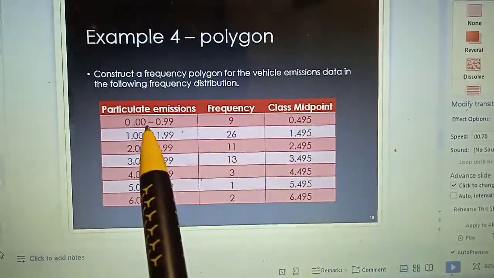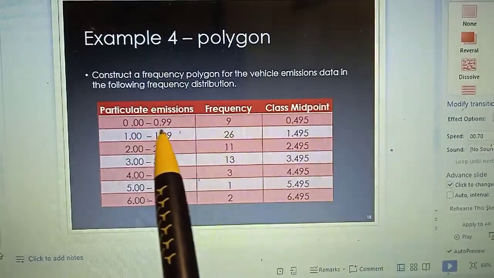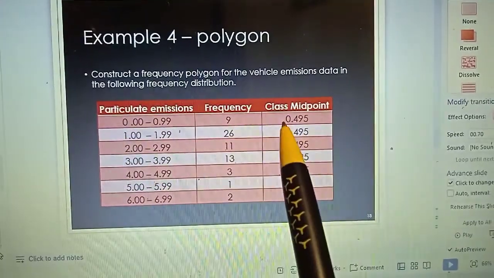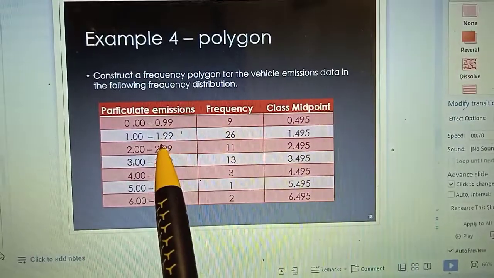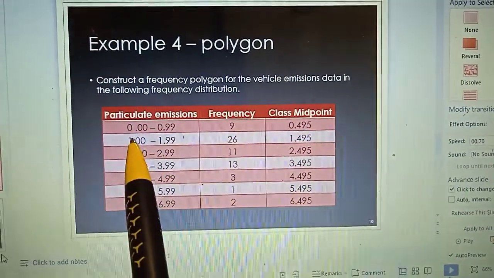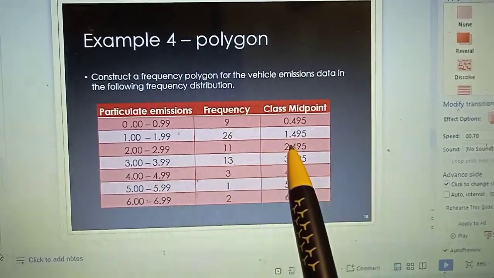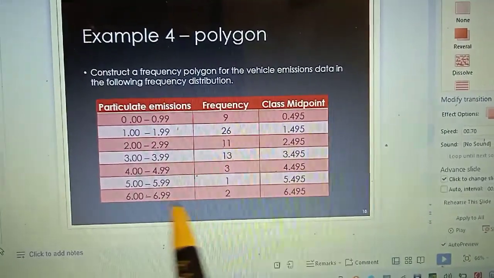Class midpoint means from 0 to 0.99 divided by 2, the middle part. Same for 1 plus 1.99 divided by 2, so we get 1.495. And same goes for the rest of the class midpoints.